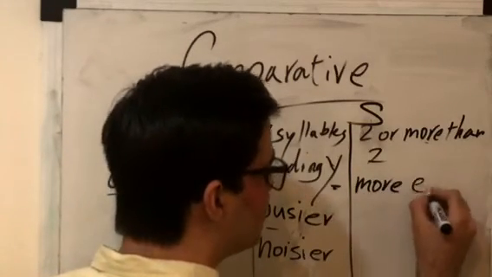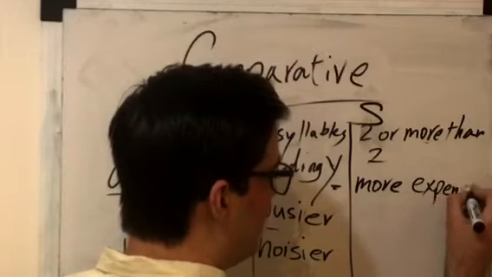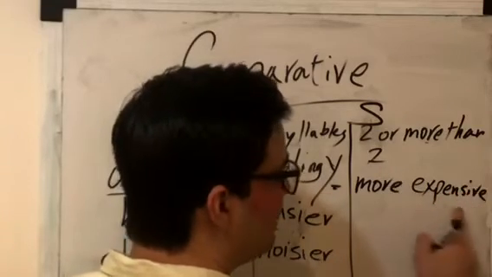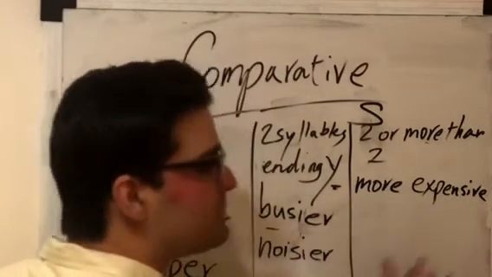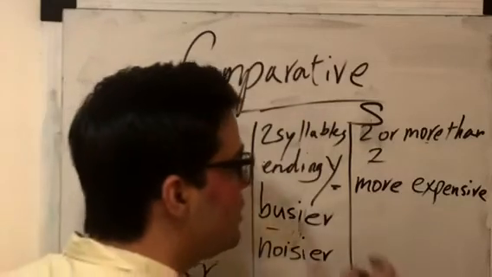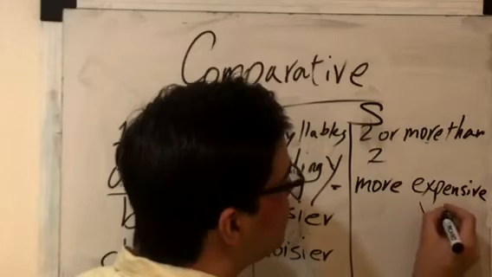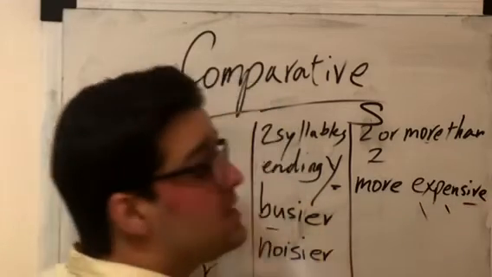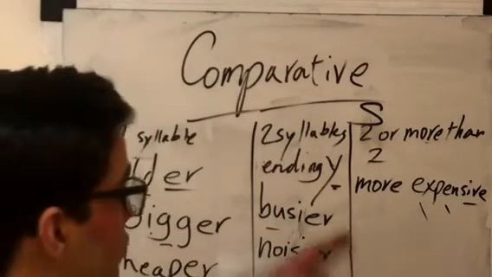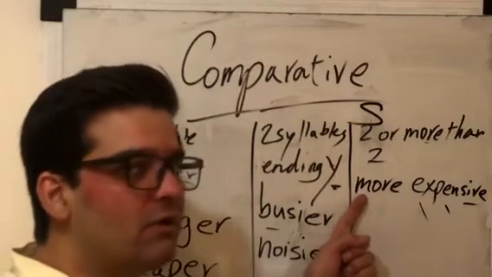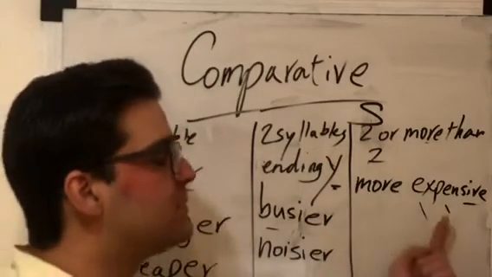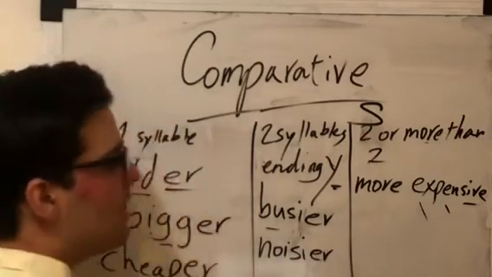More, for example, expensive. It's an adjective, but more expensive is a comparative adjective. Expensive has three syllables. So you have to add more before expensive to make a comparative adjective.